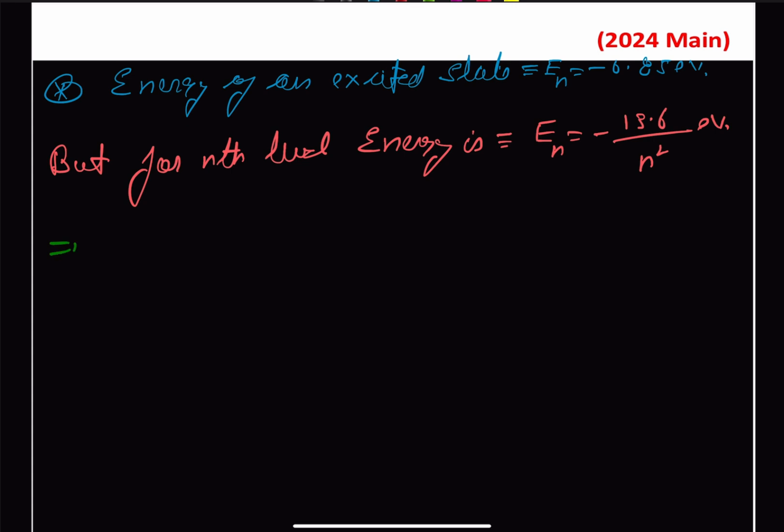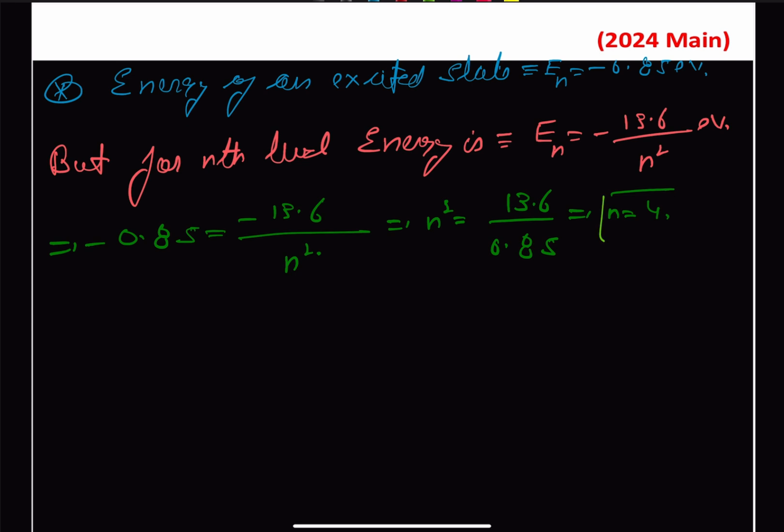And we get minus 0.85 is equal to minus 13.6 upon n square, which gives us that n square is equal to 13.6 upon 0.85. This gives us that the value of n is equal to 4. So the electron is at n is equal to 4 level.